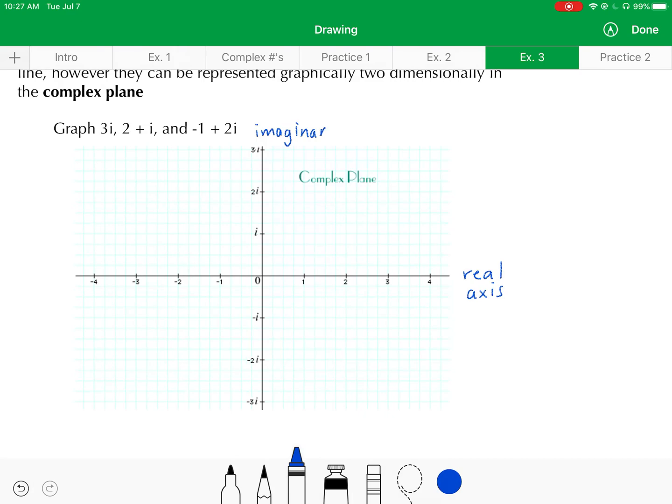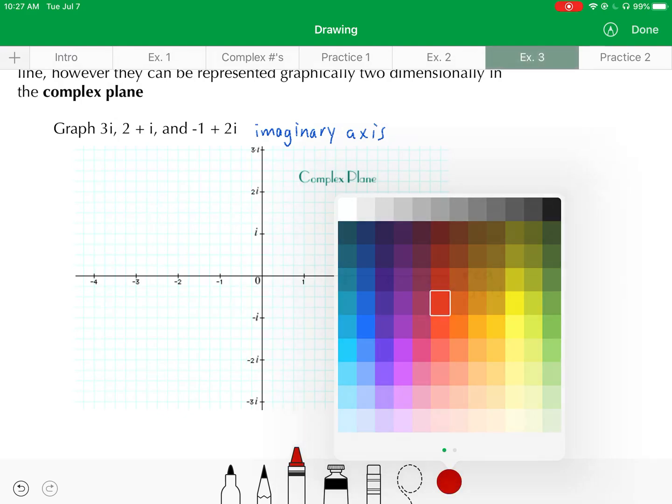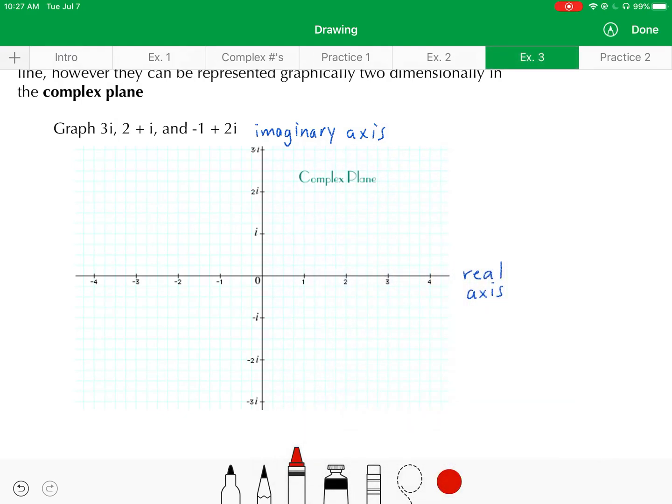So notice how the vertical axis has been labeled. It's labeled in terms of i, 2i, 3i, negative i, negative 2i, negative 3i, okay? So let's say we would like to graph the point 3i, which is an imaginary number, okay, in the complex plane.